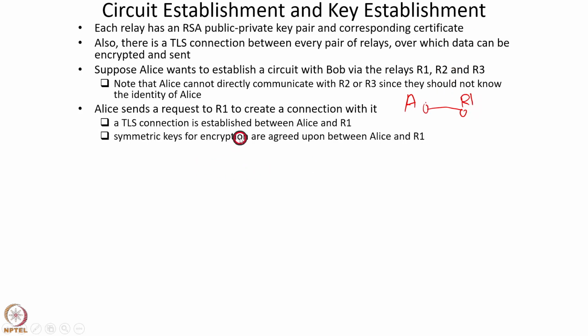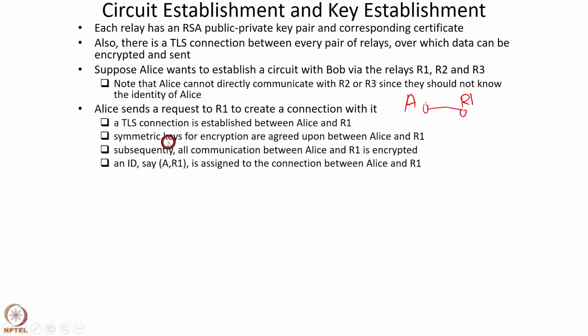Symmetric keys for encryption are agreed upon between Alice and R1 using the usual procedure in TLS. So Alice can now send encrypted data to R1. Subsequently, all communication between Alice and R1 is encrypted.